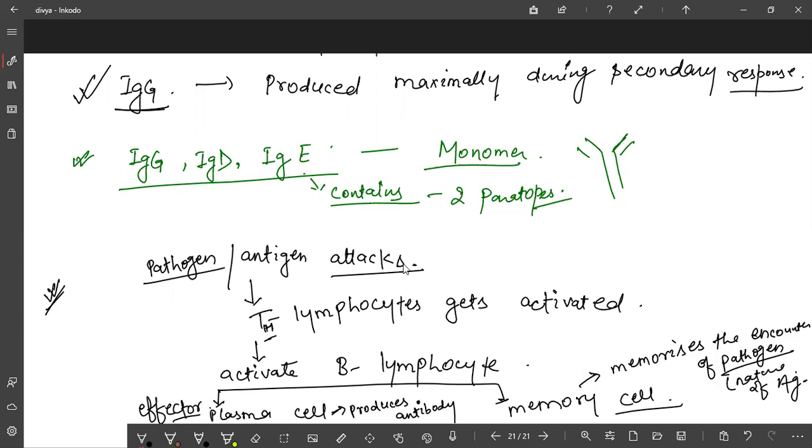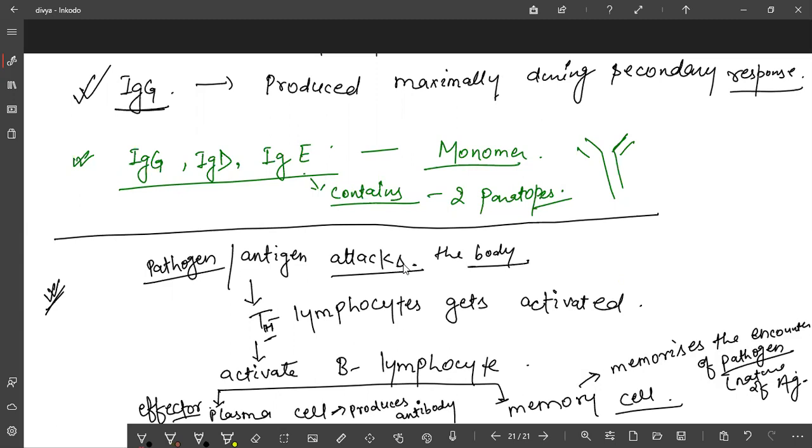So how does our immune system work? What happens first? Pathogen or antigen attacks, then T helper lymphocyte gets activated, and then it activates B lymphocyte. The activated B lymphocyte differentiates into plasma cell and memory cell.